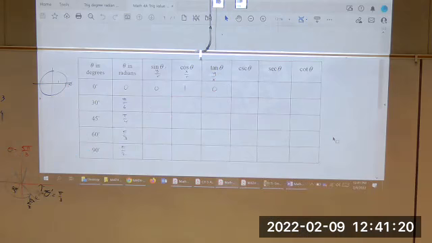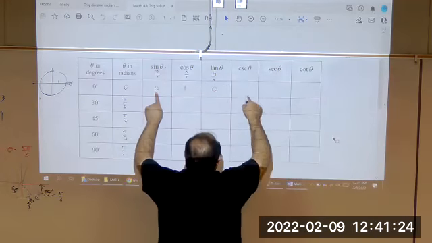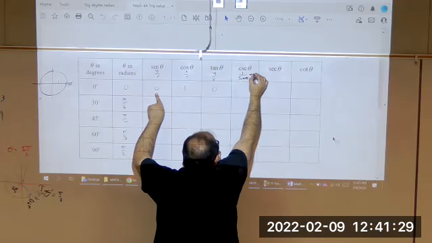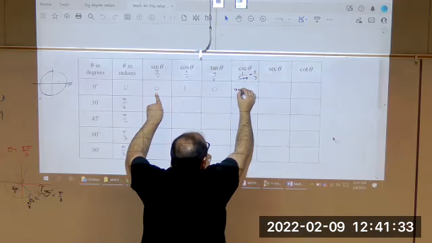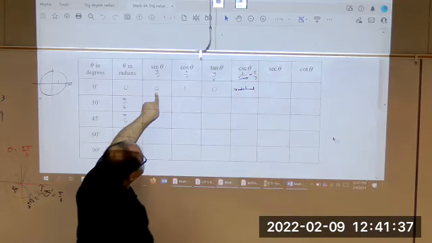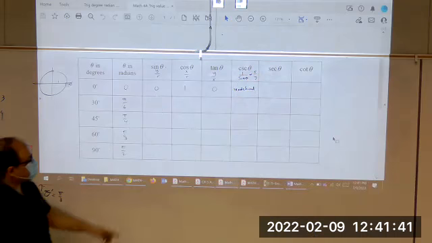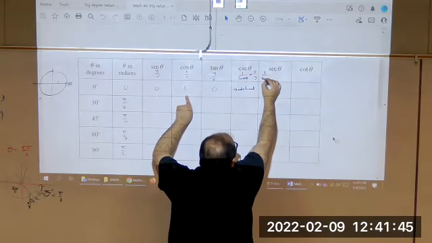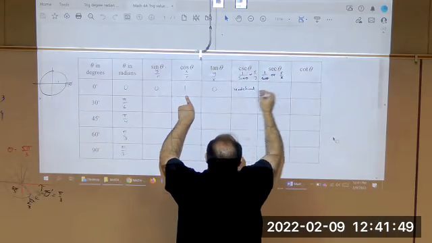And then your reciprocals. If you take the reciprocal of sine, this is 1 over sine theta, or r over y. Reciprocal of 0 is going to be undefined. Secant, the reciprocal of cosine, is 1 over cosine theta, or r over x.